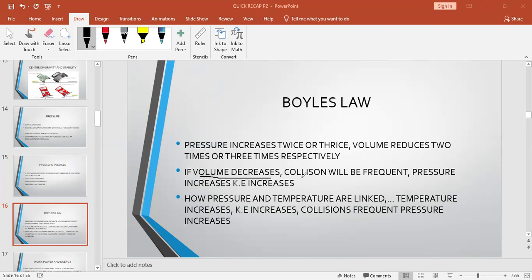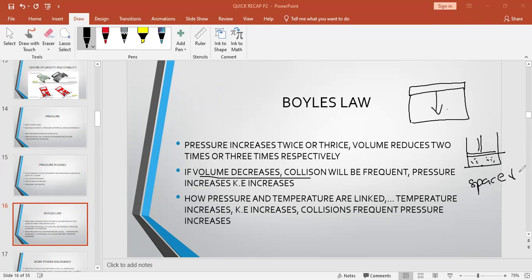If the volume is decreased, that means if the piston is lowered like this, the space reduces, space between the particles reduces, collision increases, or you will write collision will be more frequent. You will use this word, okay? And that's how the pressure will increase. Also, the kinetic energy will increase. Clear?